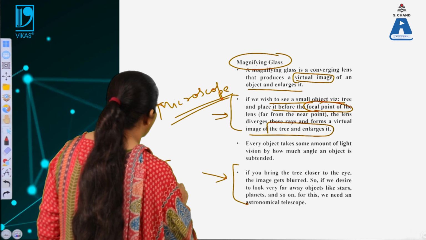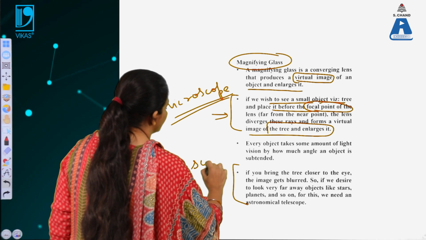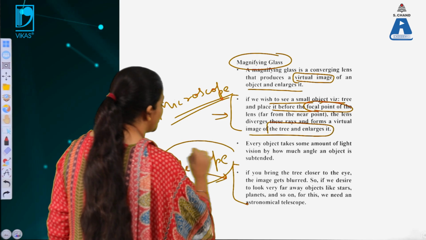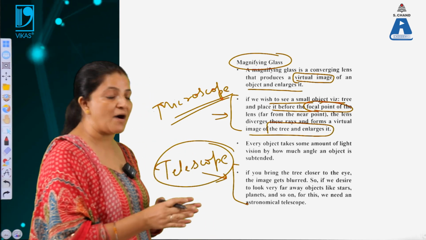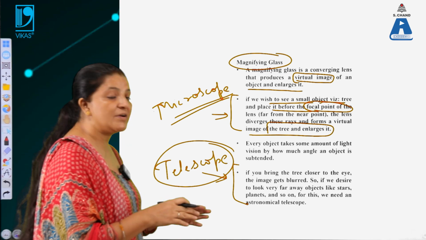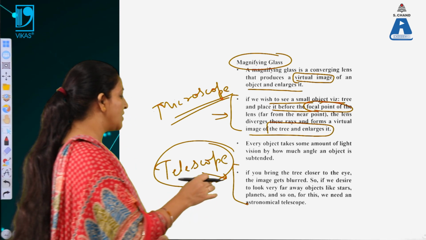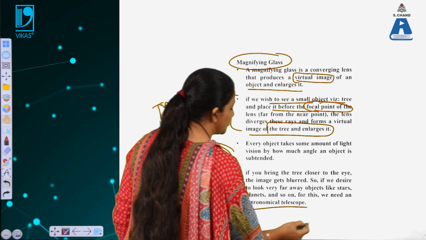That can be done by telescopes. Telescopes are used in order to bring the images of objects which are very far away from us to our given focal length, or that of our eye.